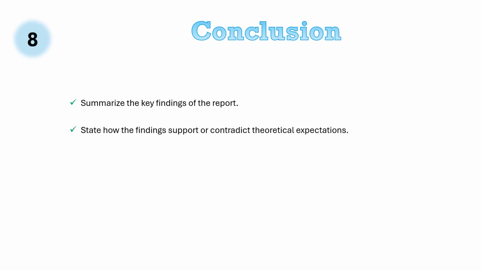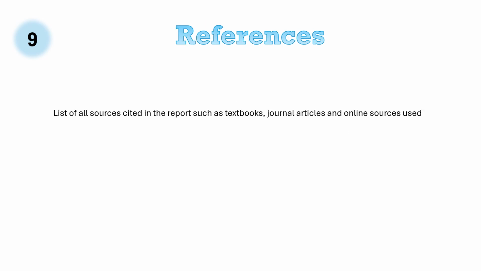Next to that, you have to state how the findings support or do not support the theoretical expectations. Is there any future scope related to the given parameter of the case study? That also you have to provide in the conclusion part.